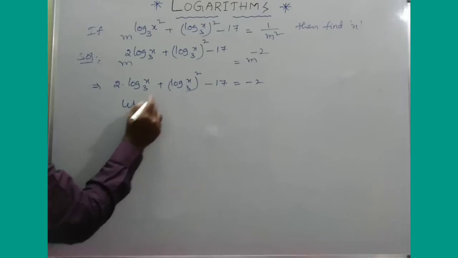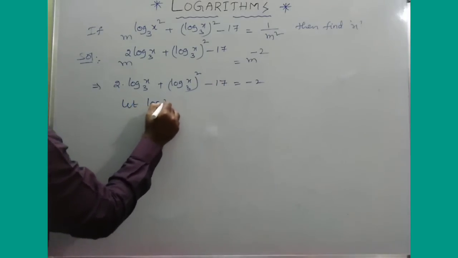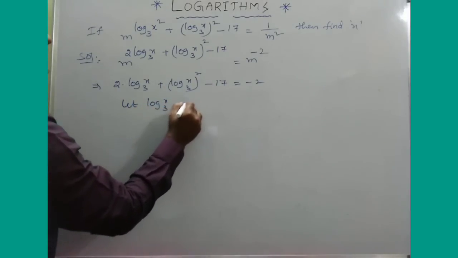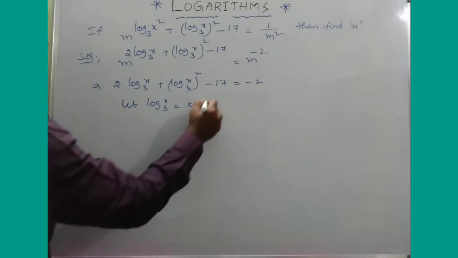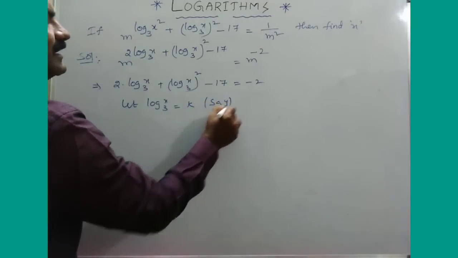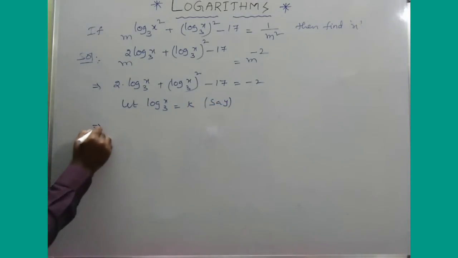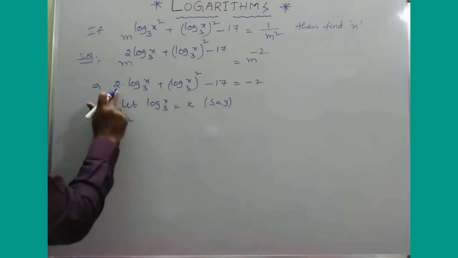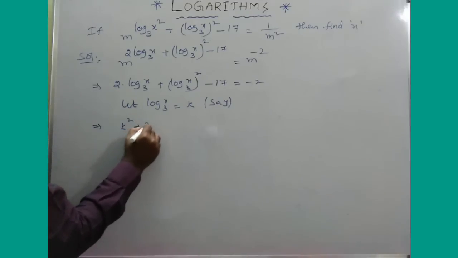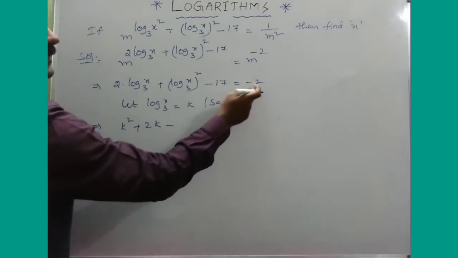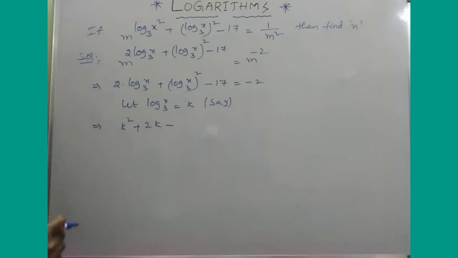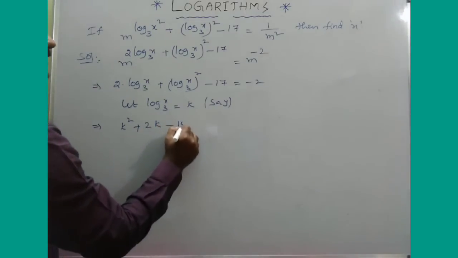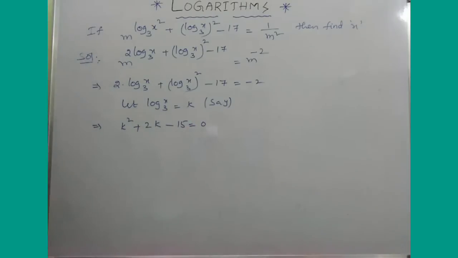So do one thing, let log x to the base 3, you please assume it as some k. Then the above equation is now k square plus 2k, and if you bring this side, minus 17 plus 2 is minus 15 equals 0.